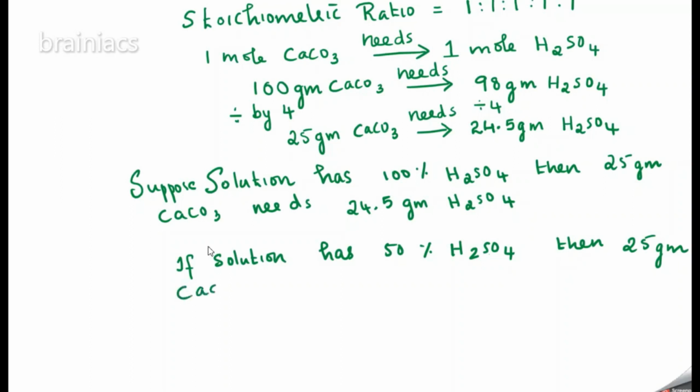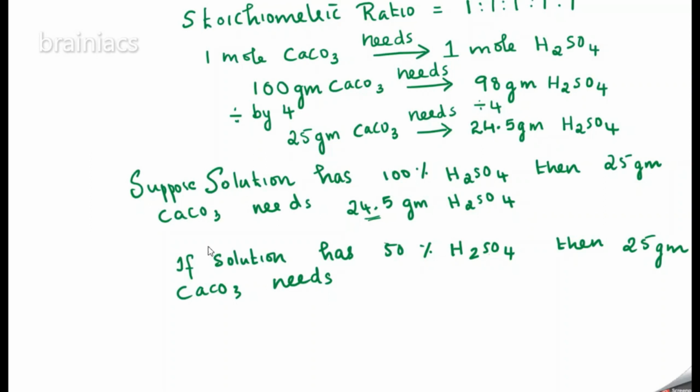So if the solution has 50% H2SO4, then 25 gram calcium carbonate needs double of this, because 100% H2SO4 needs only 24.5 gram H2SO4. Now 50% H2SO4 means what? Actually you will get only half of this, but actually we need 24.5.